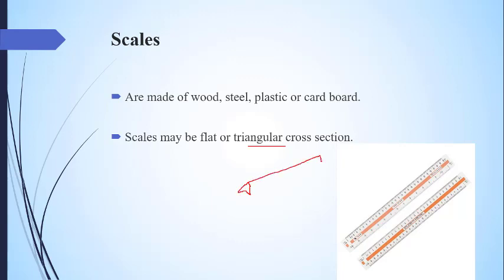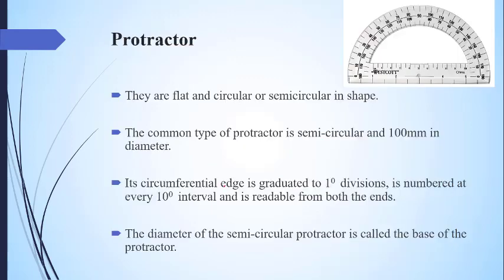For example, you can see different calibrations: on one side there will be inches, on the second millimeters, and on the third centimeters, etc. So in the triangular cross section there may be different units. In flat scales there can also be different units.